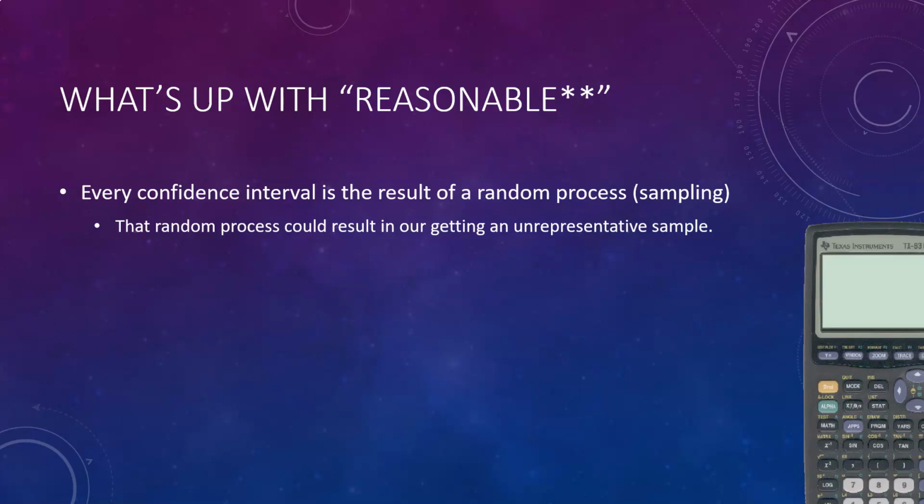So the interval itself is the result of a random process, and as we've seen, and as you know, just out of crazy random chance, you could have a sample that is unrepresentative, that has a mean that's nowhere near the mean of the true population.